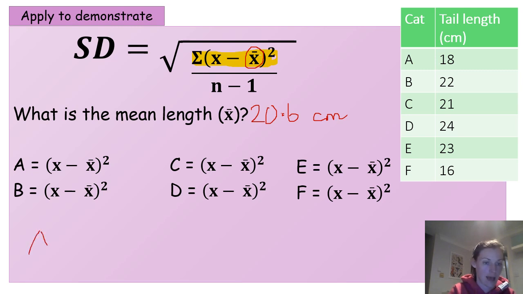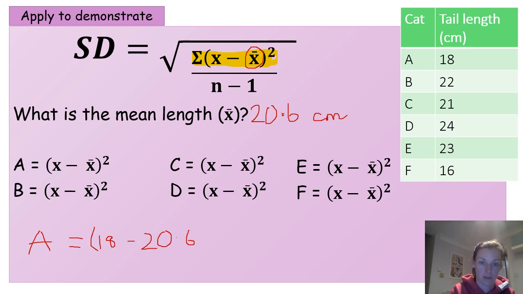So A equals, so cat A, so we've got the number, so X is the number, so the sample, the value, so 18 minus 20.6, which is our mean.